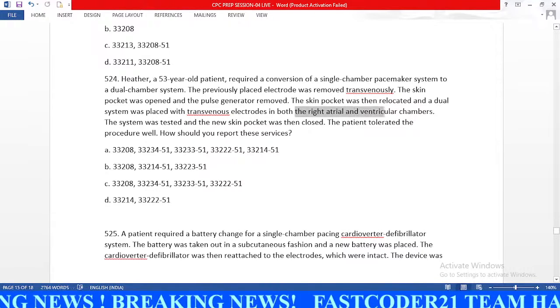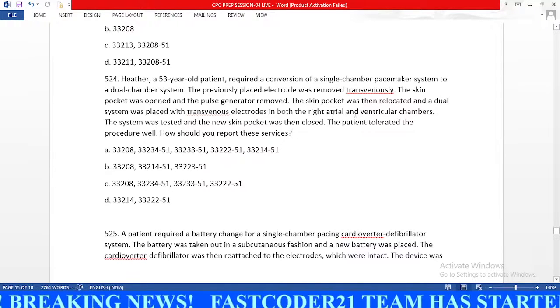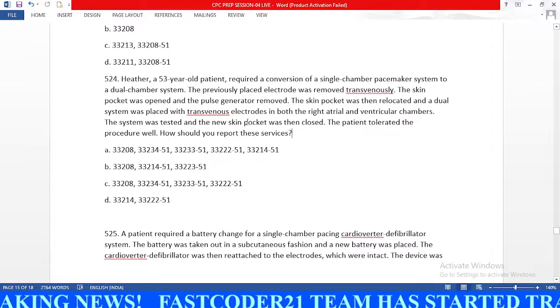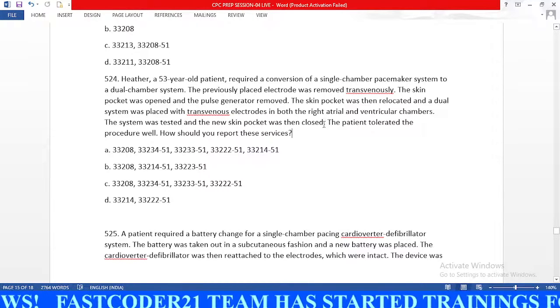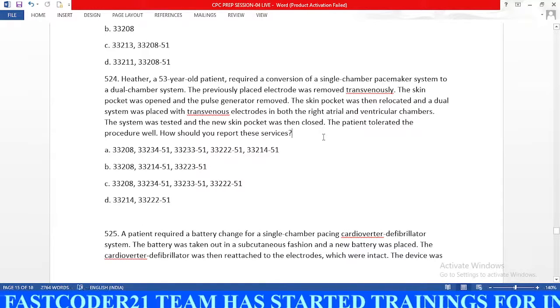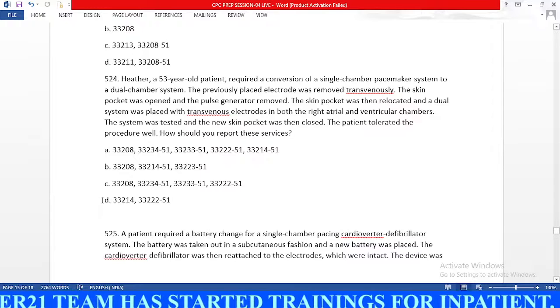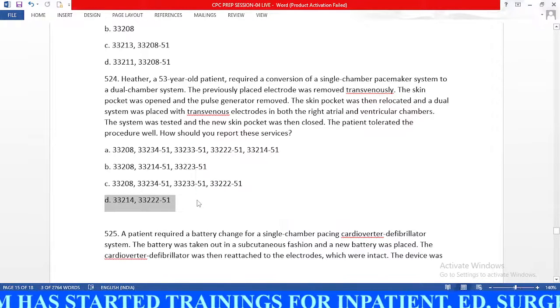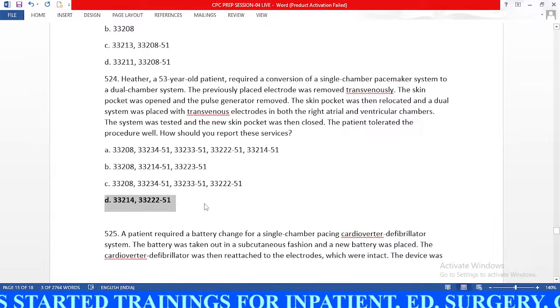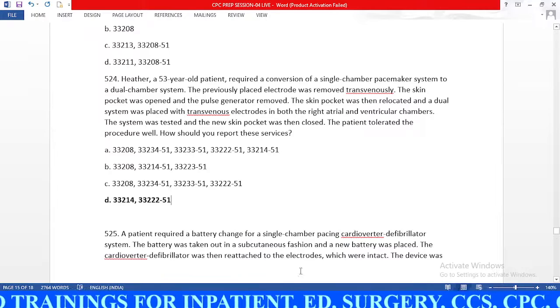It is clear that the physician has inserted electrodes in the right atrium and ventricular chambers. The system was tested and the new skin pocket was then closed. So directly you can check the answer here, as it is very complex and will take longer. So here our answer is 33214. If you find the keywords, we can write this answer easily.